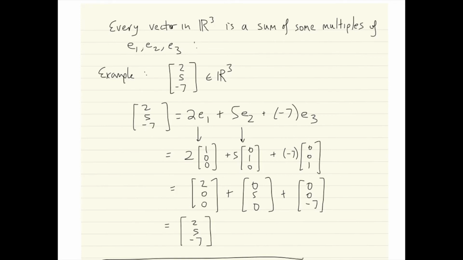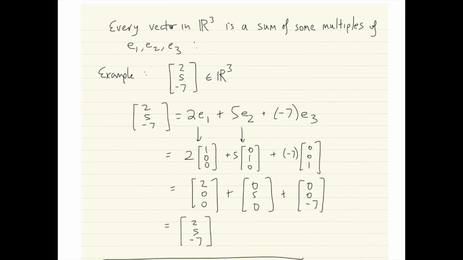Well, 2 times E1 is just (2, 0, 0), because when you multiply a scalar by a matrix, you multiply every single entry in the matrix by that scalar. 2 times 1 is 2, 0 times 2 is still 0, and similarly for the other entry. Ditto with 5 and minus 7.